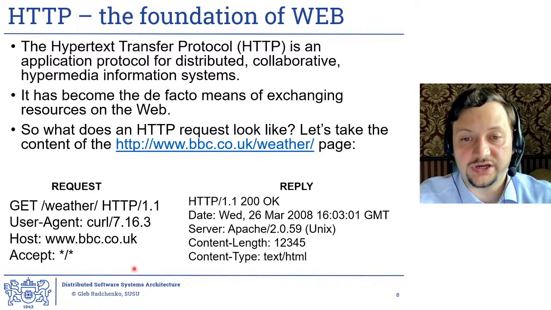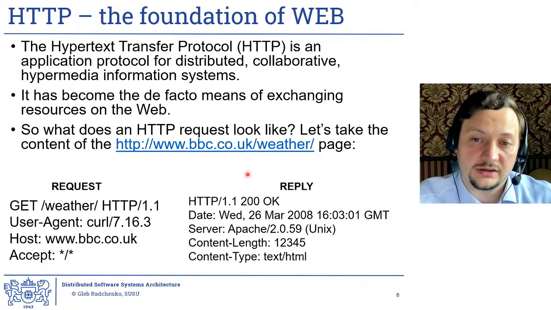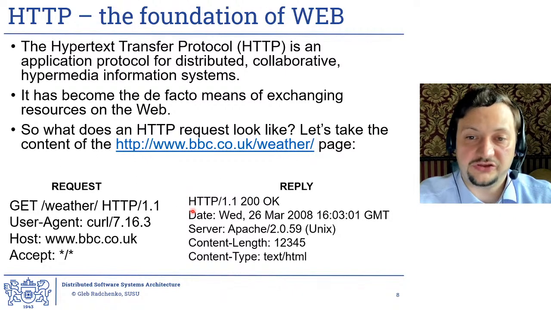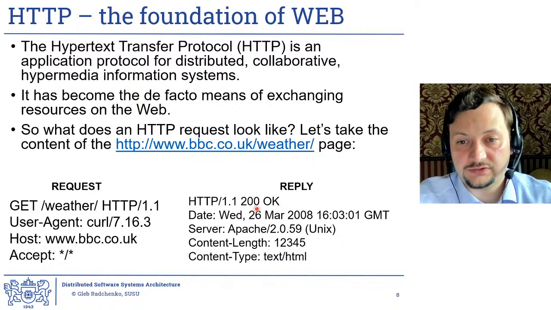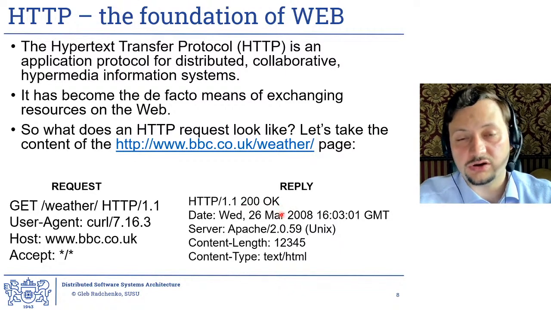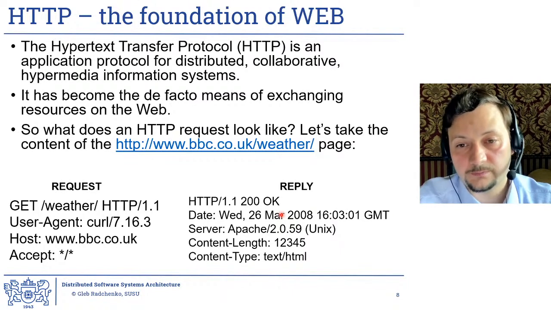When this request is sent, the server would analyze this request, and if it is okay, it would return us the HTTP answer. HTTP 200 OK. That 200 OK means that I got your request and I would send you the response.